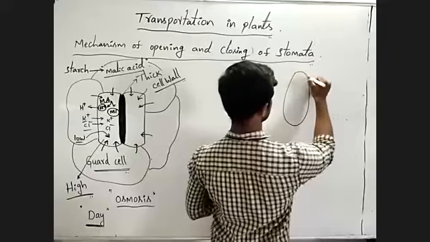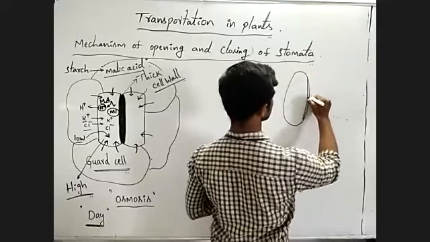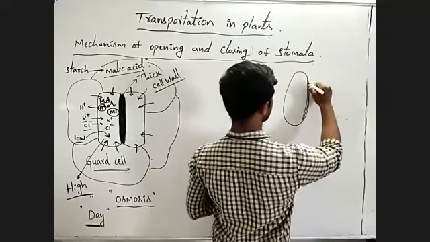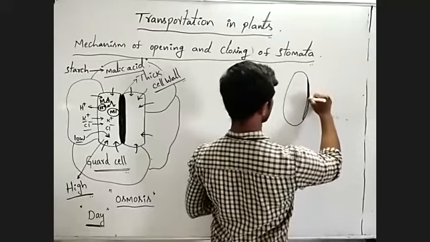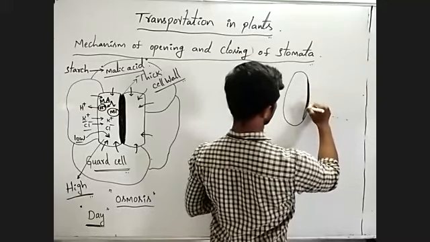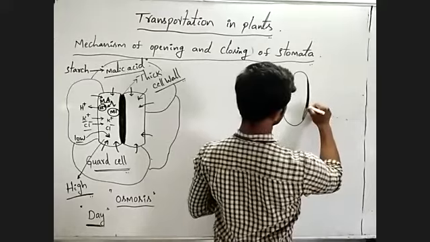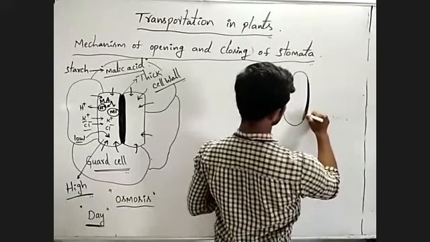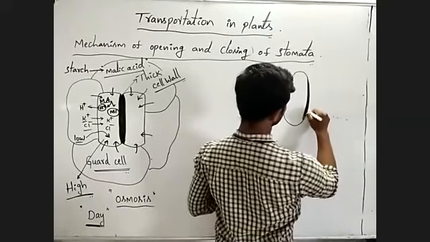In guard cells, radially arranged filaments, microfilaments are present.